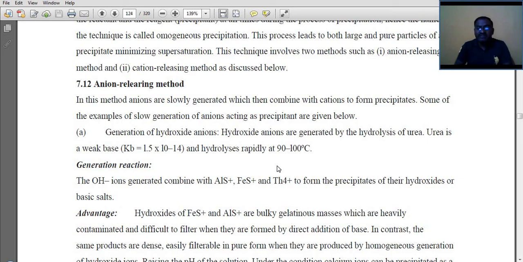Generation of hydroxide anion. Hydroxide anions are generated by the hydrolysis of urea. Urea is what? It is a weak base, because the dissociation constant of the weak base is 1.5 times 10 to the power of minus 14, and it hydrolyzes rapidly at 90 to 100 degrees Celsius.